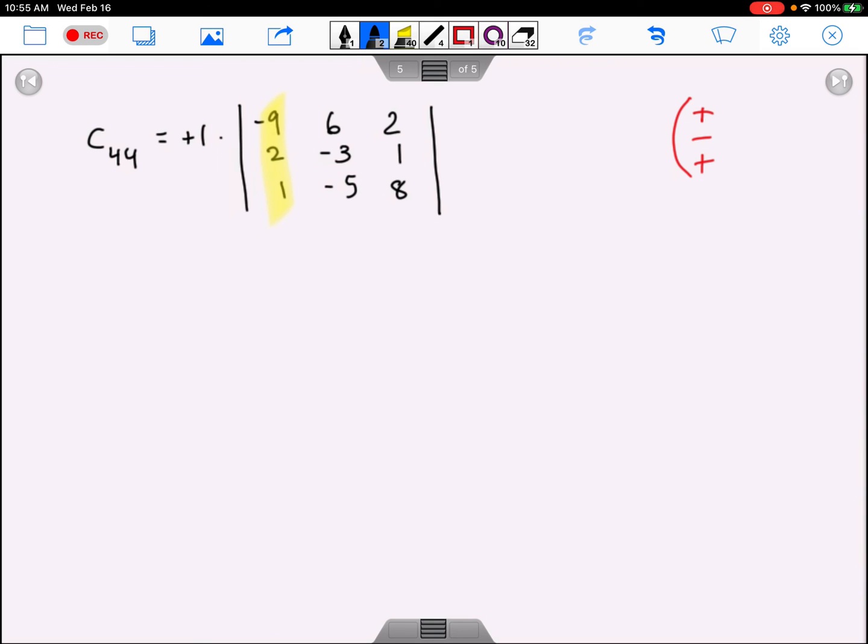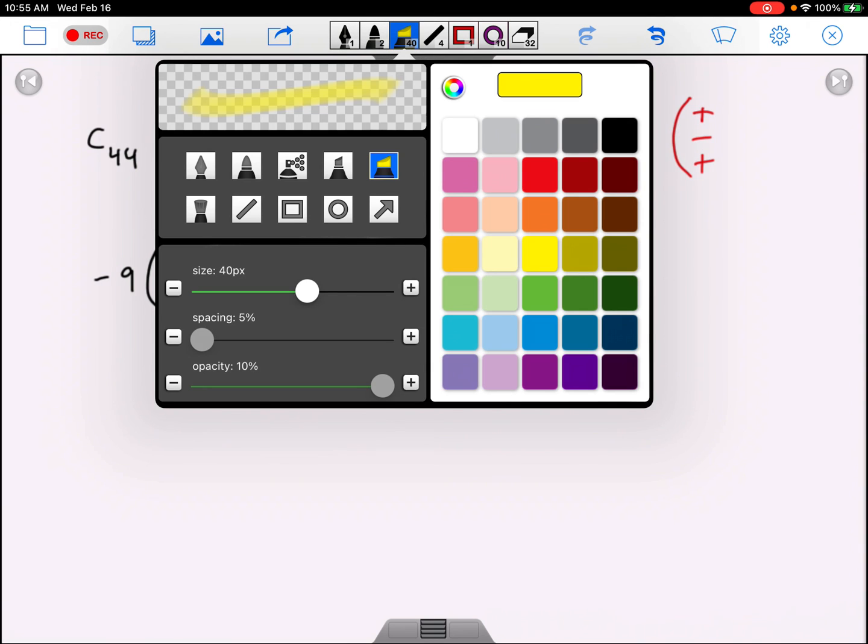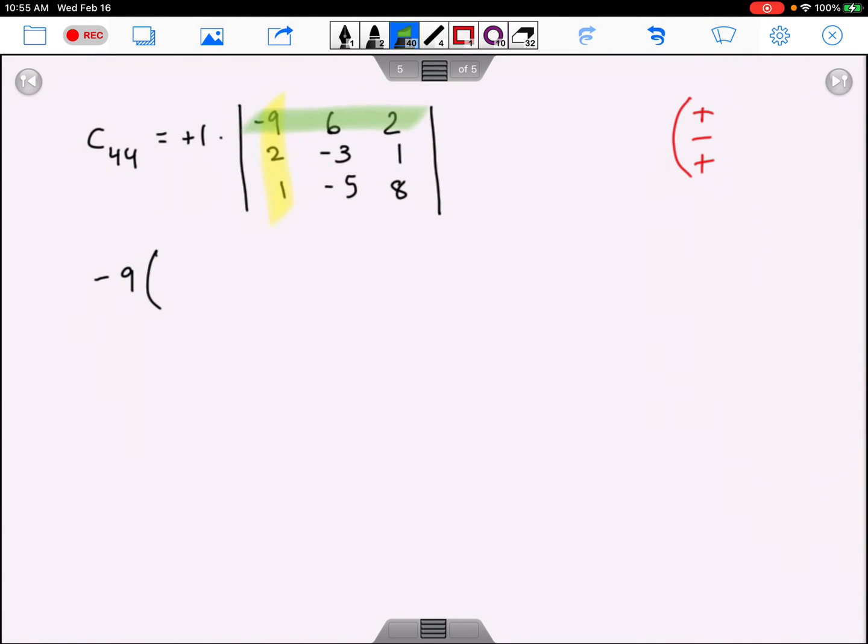So we're going to start with negative 9 times the determinant of, remember, we're going to delete this guy, and we're left with negative 3 times 8 is negative 24 minus negative 5 times 1. So it's negative 24 plus 5.